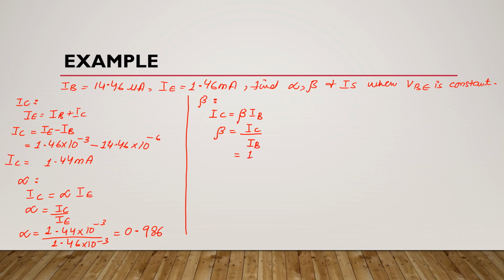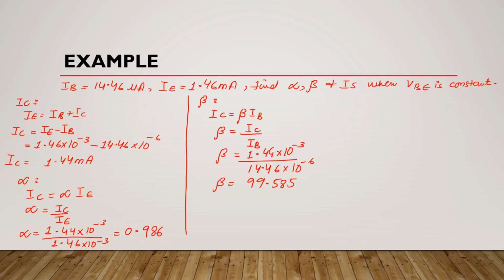We get beta is equal to 1.44 into 10 raised to the power minus 3 divided by 14.46 into 10 raised to the power minus 6, and this will give you beta is equal to 99.585.